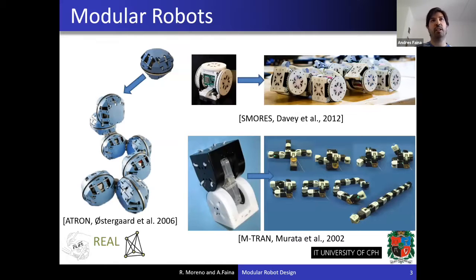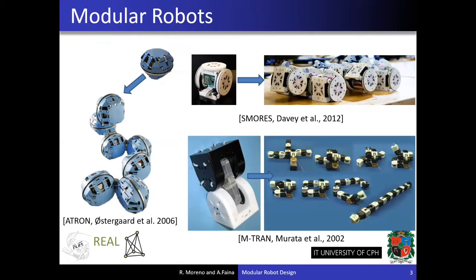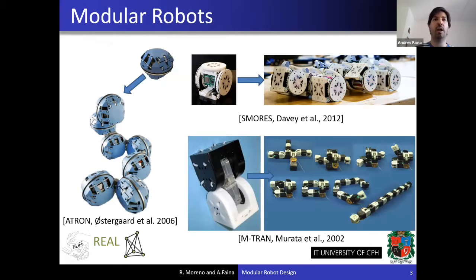The modular robots are autonomous robotic units, which comprise one or more actuators, a couple of sensors, and computational capabilities. So the autonomous devices are able to decide the actions to perform based on their own sensory information, and also on messages from other modules, because they can also communicate with other modules.